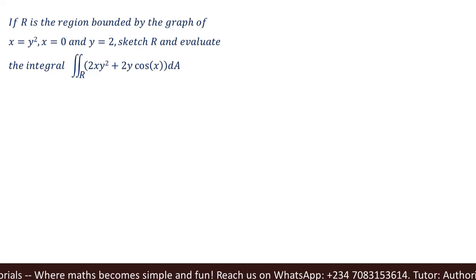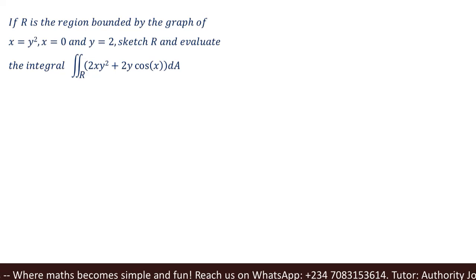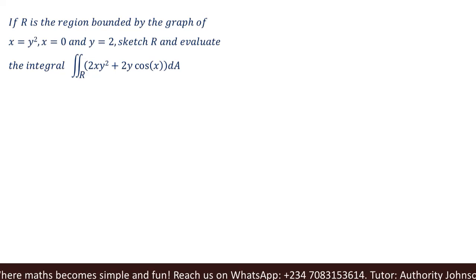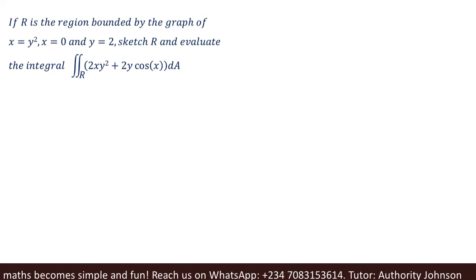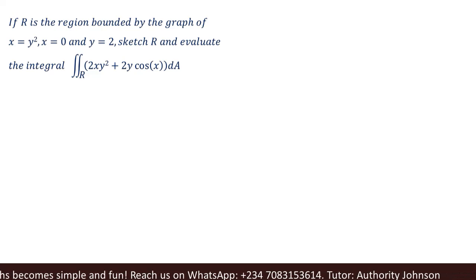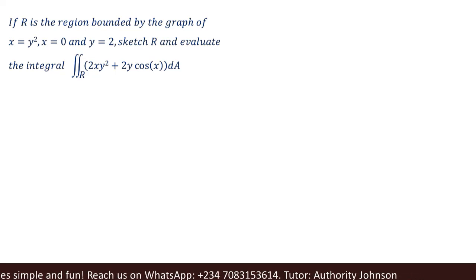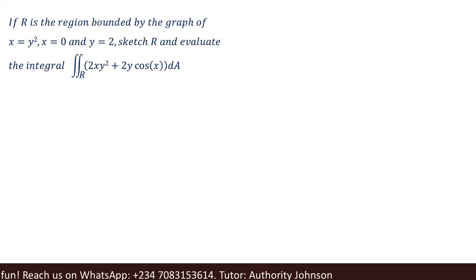Good. Now, look at the question carefully. We have a region bounded by the graph x equals y squared, x equals 0, and y equals 2. A region bounded by this graph. So what we need to do first is sketch the region that we are trying to evaluate.